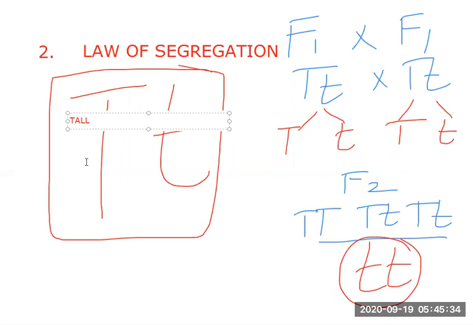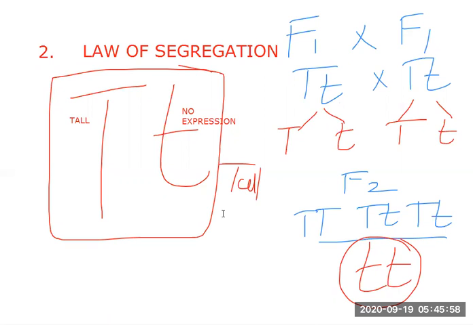So the expression of this allele is tall. What is the expression of the small t allele? There is no expression. Here is where most people get confused. No expression. That's why this plant is a tall plant, isn't it? Yes.